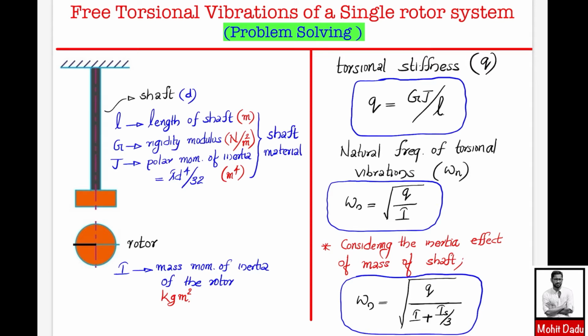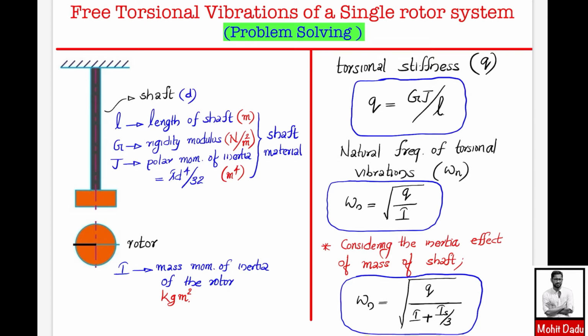And the inertia element is this rotating rotor, whose I, the inertia property, is the mass moment of inertia measured in kilogram meter square units. So that is what comes in this equation, and using this one, you can evaluate the natural frequency of the torsional vibrations. This equation is based on the assumption that the shaft is massless.